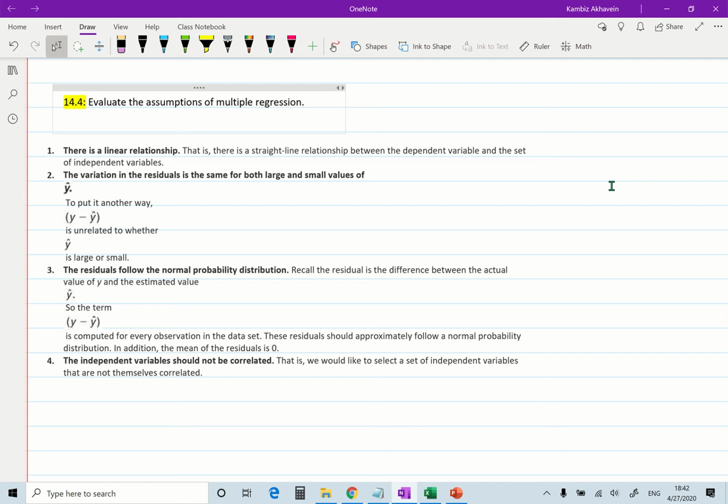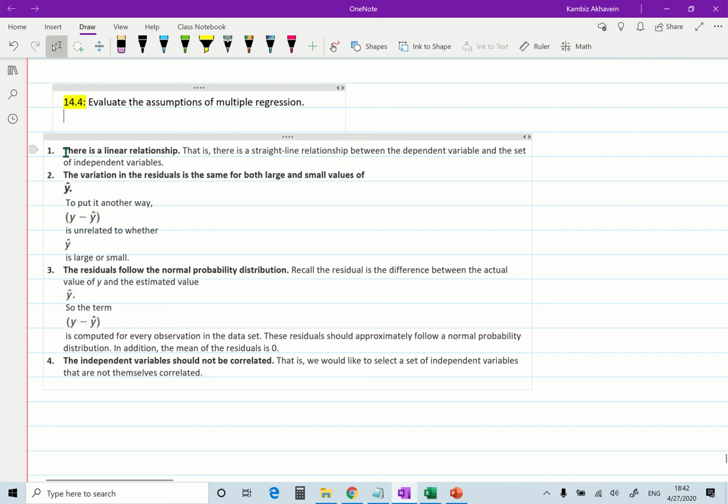Okay, now technically, before we do any multiple regression, try to find a multiple regression model in real life, there are certain assumptions that we have to check. So I have listed these assumptions here, and now I show you how to actually check those assumptions.